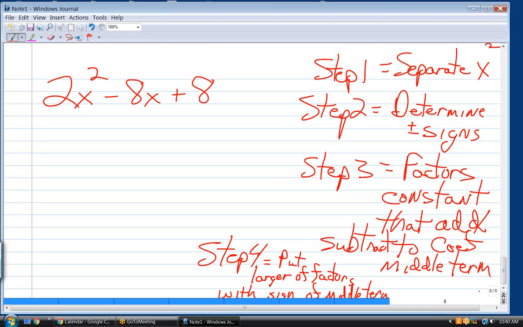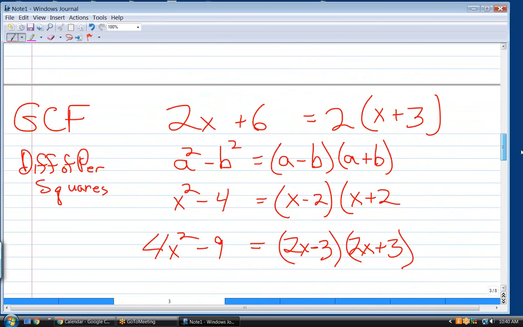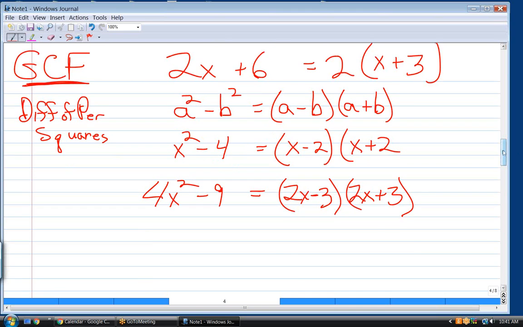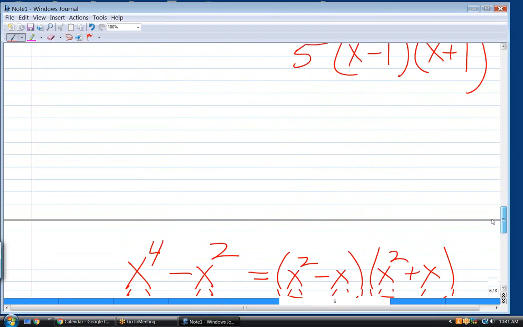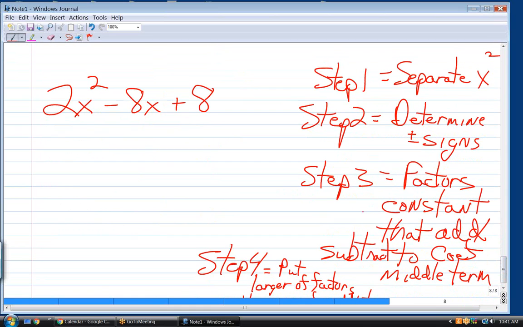If I go back to my start, greatest common factor. Okay? In other words, see if we can find a greatest common factor, because we might be able to make this thing into a first order quadratic, which is going to mean we can use these 3 or 4 steps to solve it.